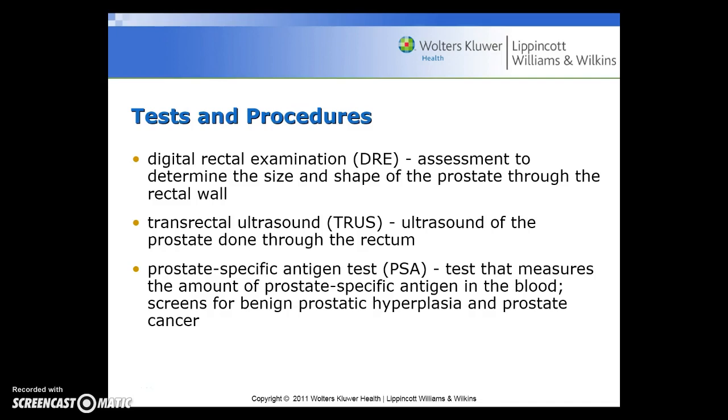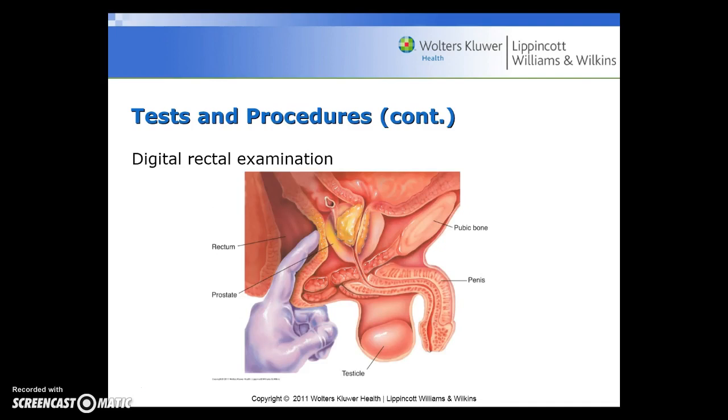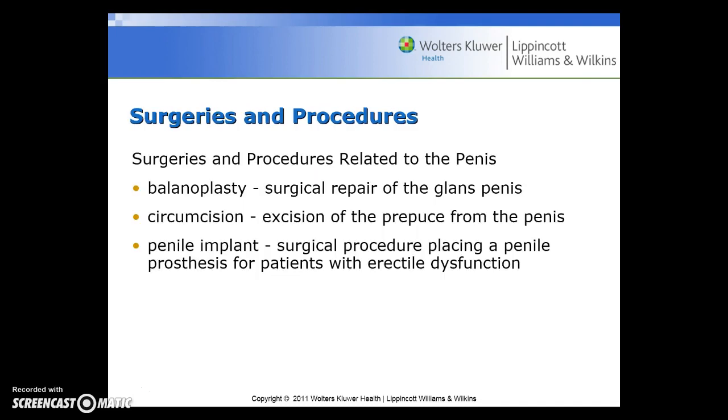Prostate-specific antigen test, or PSA, is the test that measures the amount of prostate-specific antigen in the blood, and it screens for benign prostatic hyperplasia and prostate cancer. Here is a visual picture of a digital rectal exam, and they're checking the prostate gland to see if it's enlarged.